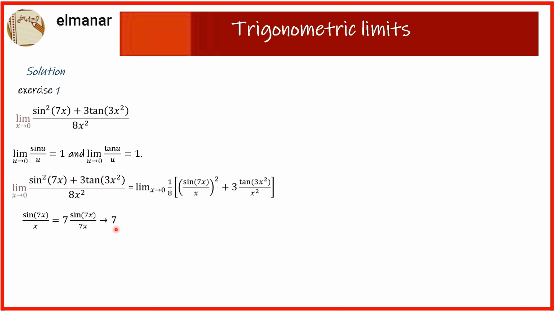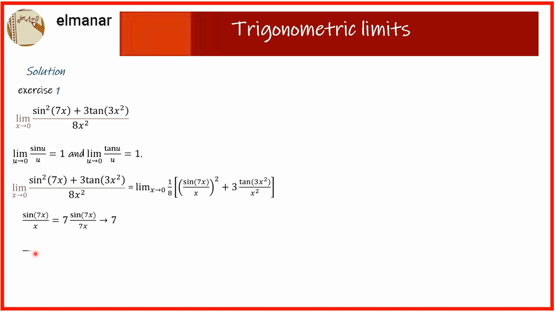Since our term is squared, we get 7 squared, that is 49. Pedagogical reminder: do not confuse sine of x over x with sine of ax over x. In the second case, remember that sine of ax over ax tends to 1, but since the denominator is only x, a factor of a remains.